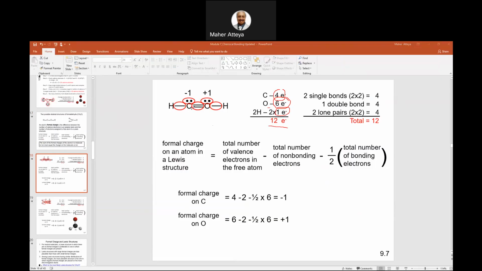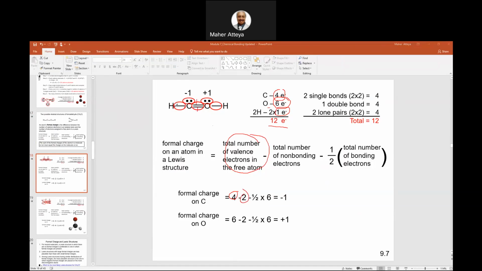Let's look at the carbon. Carbon, for example, the total number here is 4, minus number of non-bonding. How many we have? We have 2, minus 2, minus half of the bonding. How many half of bonding we have? 1, those 2 sets, 2, that's 4, 5, and 6.